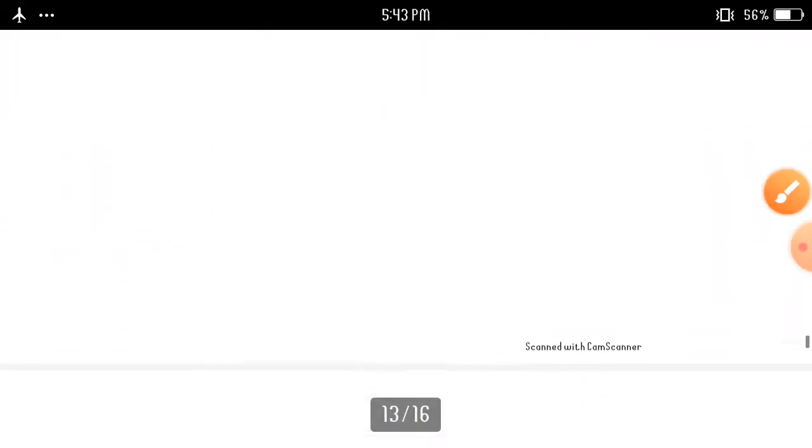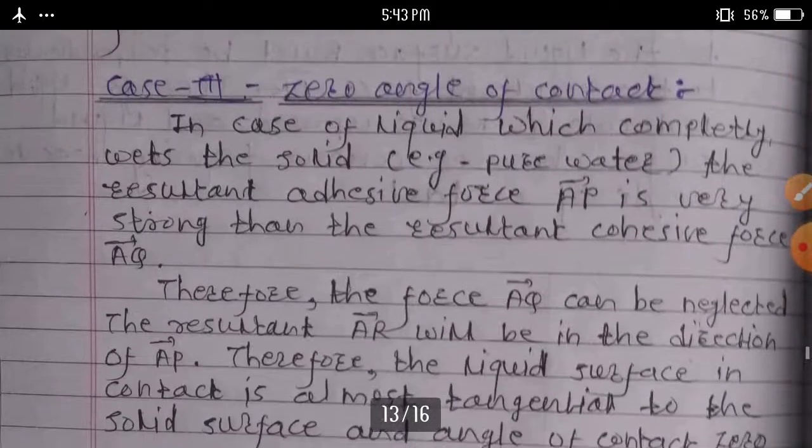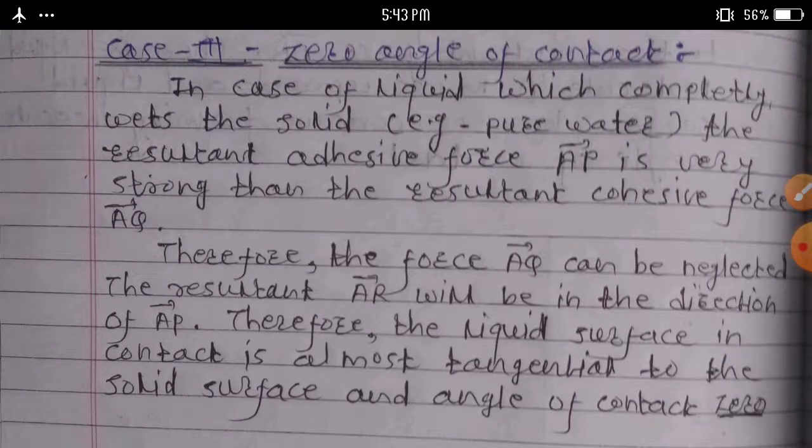Third case, zero angle of contact, in the case of a liquid which completely wets the solid, for example pure water.